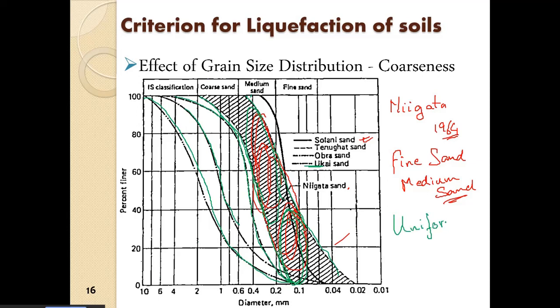The grain size is uniformly distributed. All right, that means it is almost composed entirely of medium and fine sand. So gradation is uniform. All right. So that is also an important criterion for liquefaction of soils.